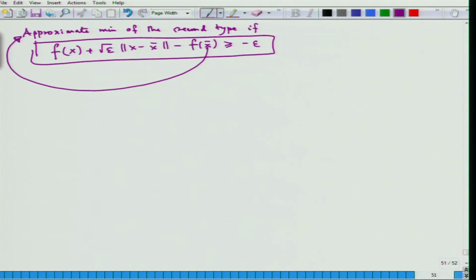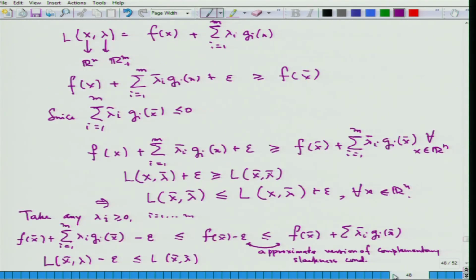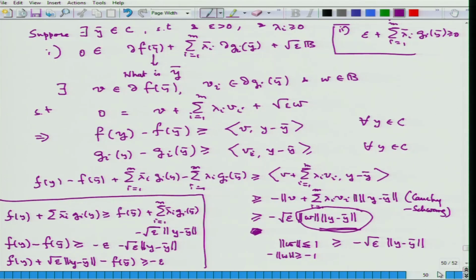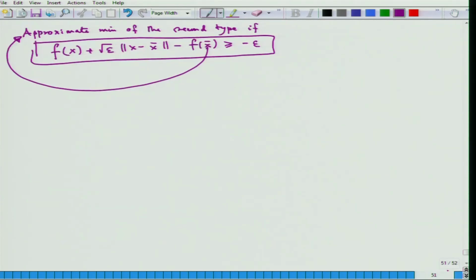So, the condition that I got here is not really a sufficient condition, it is a necessary condition. So, we will not discuss much more into this, we will go into other aspects.